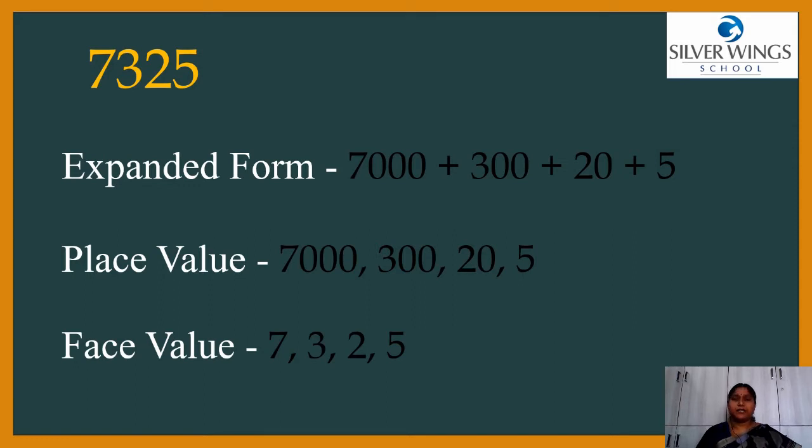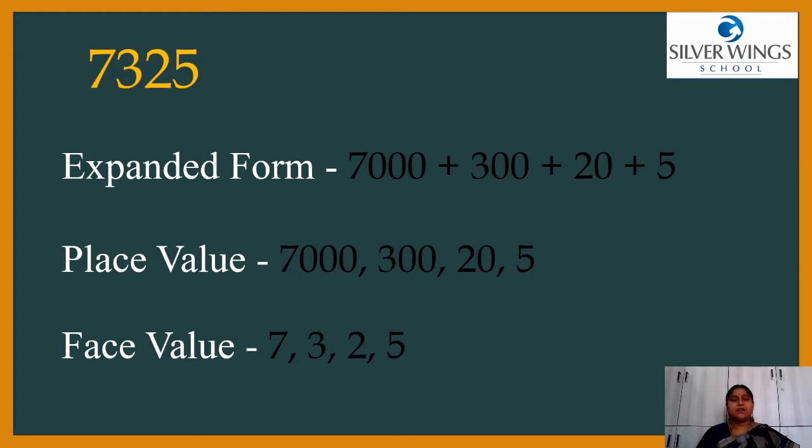Sum means the end result of the addition is called sum. We show that with the symbol of plus because sum means addition. Expanded form means the sum of the place values of every digit in the given number.